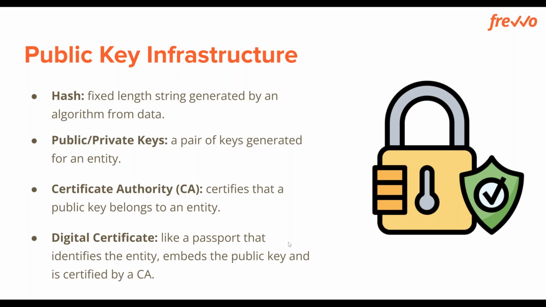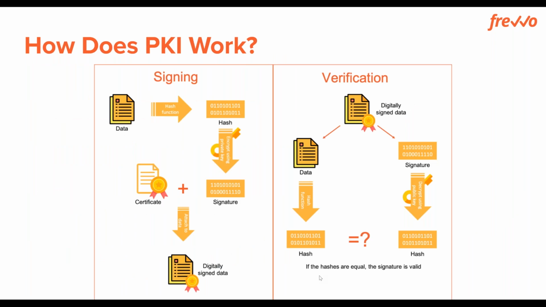This is an entity or organization that certifies that the public key is real, and a digital certificate that identifies the entity, embeds the public key, and then the certificate authority certifies that this key belongs to this entity. So a little bit like a passport, you can think of it. So this is very broad, of course, but hopefully this is going to start giving you an idea of how this technology works.